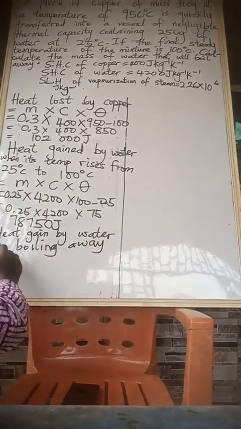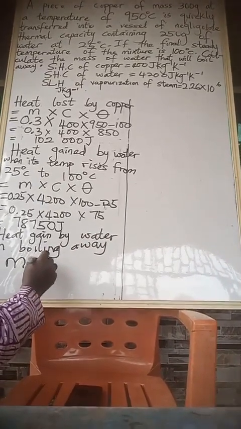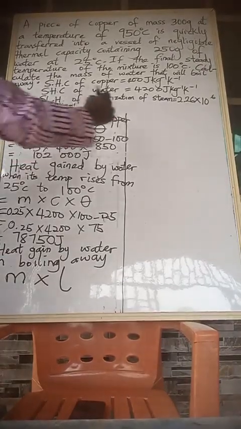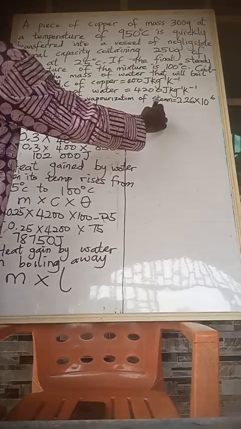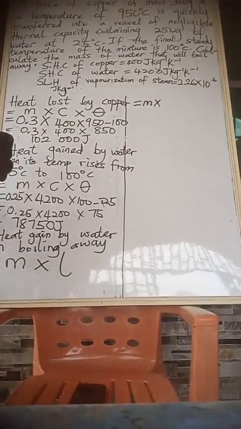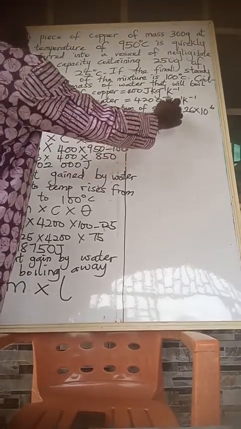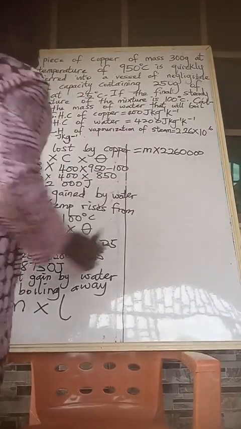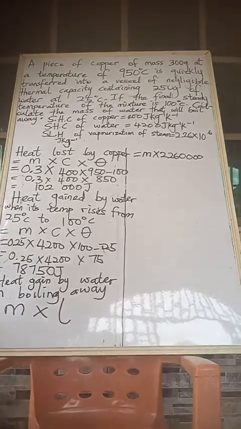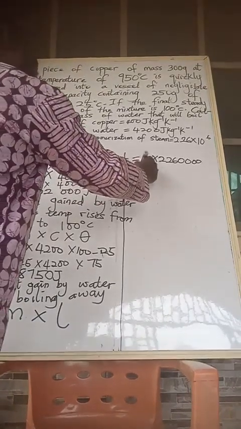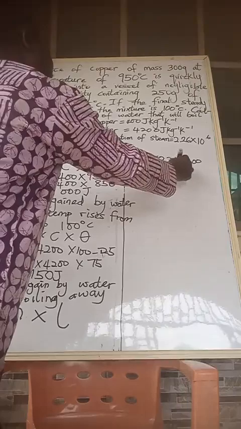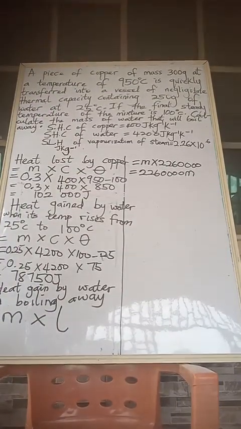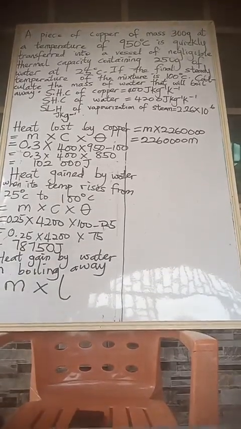That will be taken as the mass of water that boils away times the specific latent heat of water. We don't know the mass of water that boils away. The specific latent heat of vaporization of steam is found to be 2,260,000, that's 2.26 times 10 raised to power 6. And this gives us 2,260,000 M.